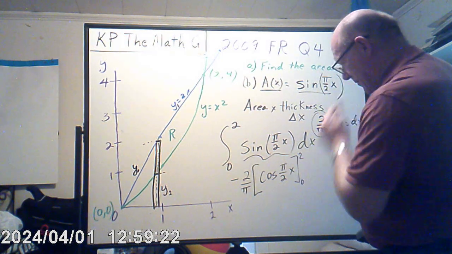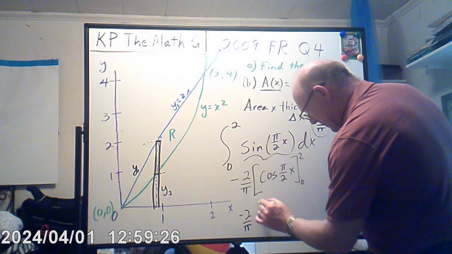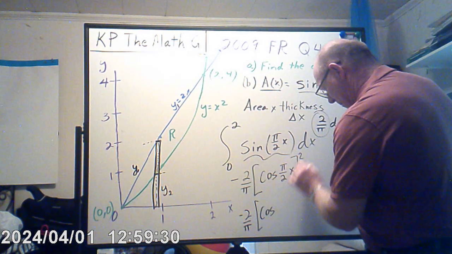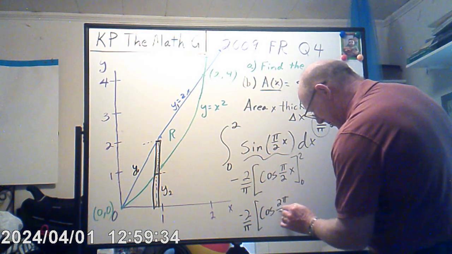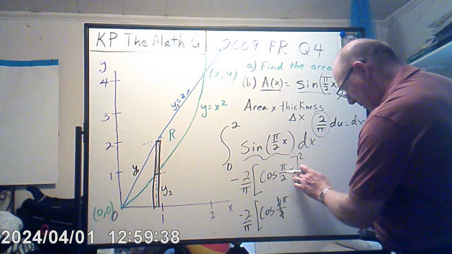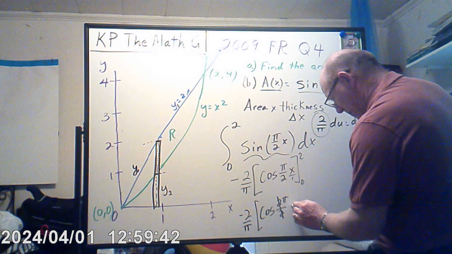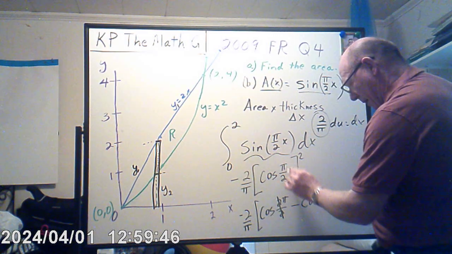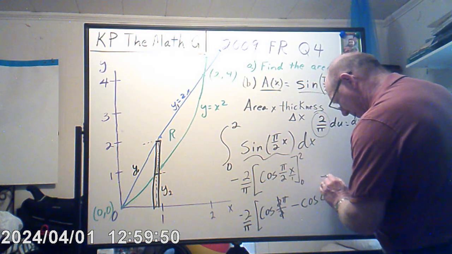So this is negative 2 over pi times cosine of, if I plug 2 in here, 2 pi over 2, which is just pi. I'm just plugging that 2 in. Then minus cosine of 0, since pi over 2 times 0 is 0.